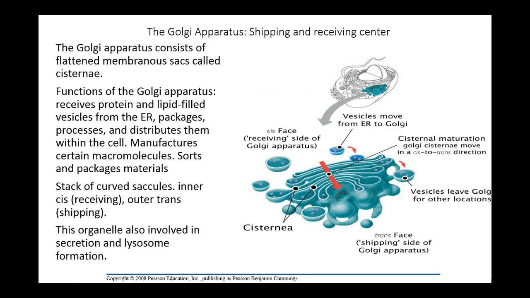The sacs are curved saccules, where you have an inside and an outside, or a cis and a trans. The inner cis side is the receiving side. The outer trans side is the shipping side. And you can see that in this image where you have the cis face.